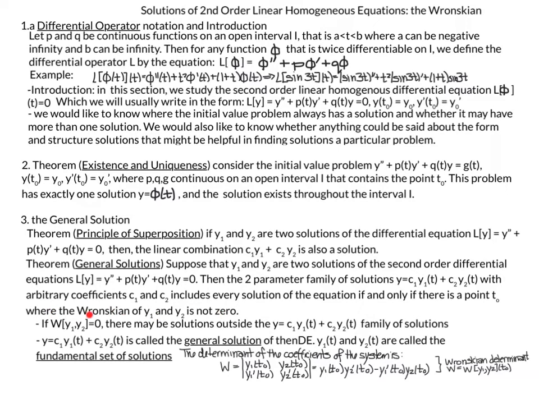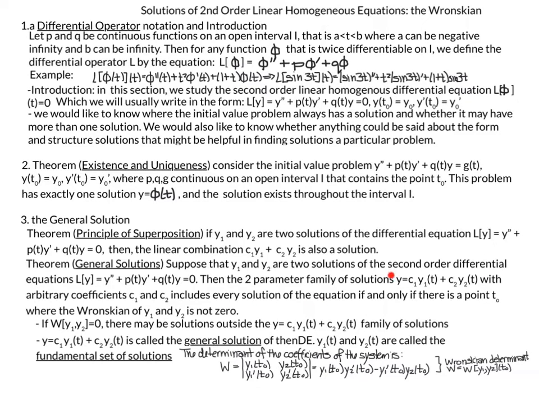We haven't defined the Wronskian yet, but it's here and we will do some examples of that. But that is the same idea: once you have two solutions, when you take a linear combination, that'll cover all the solutions.